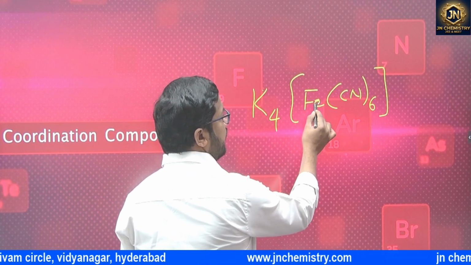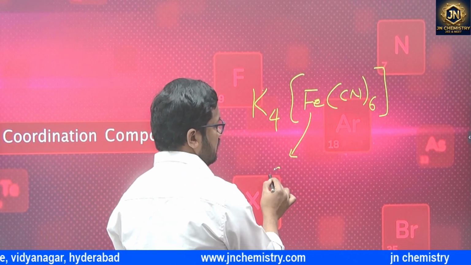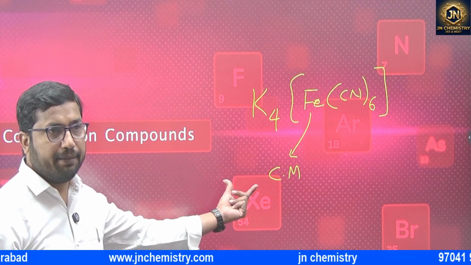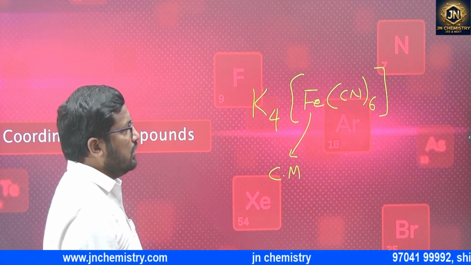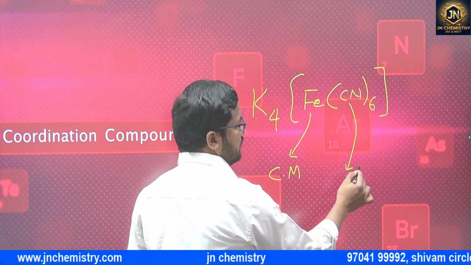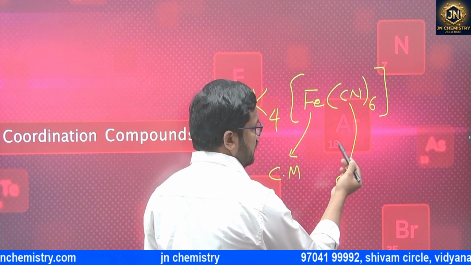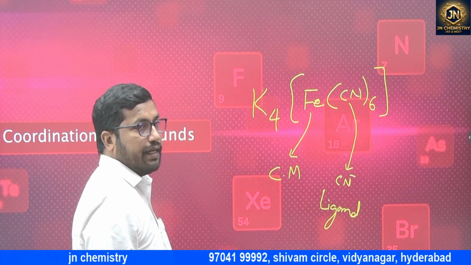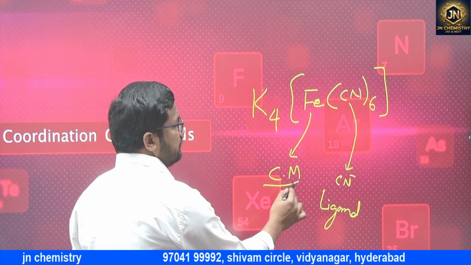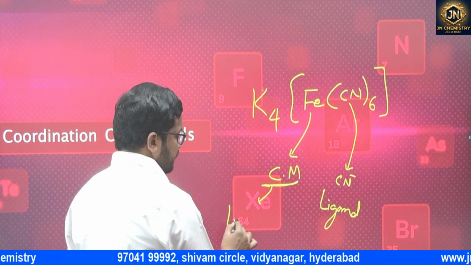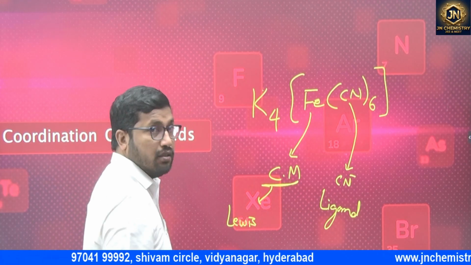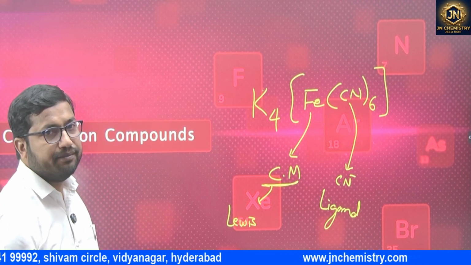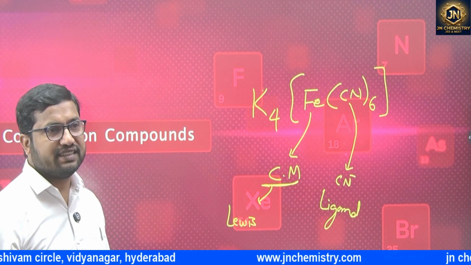This is Fe, iron. This is the CM, the central metal atom, coming from the d block elements. CN minus is the ligand. The CM we call as what? Lewis acid or Lewis base?